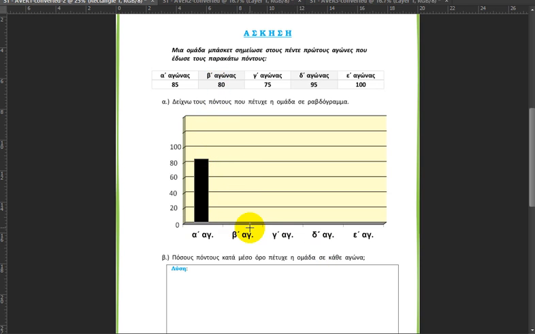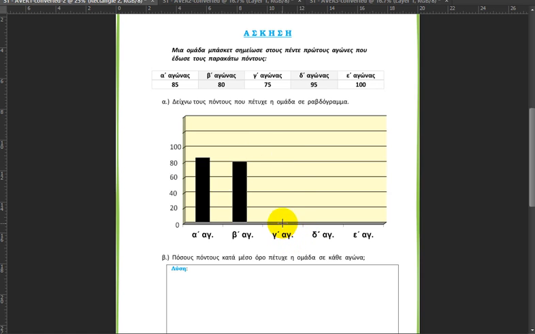Then in game 2, they scored 80 points, so that's going to be exactly on line 80. And third game, that's 75. Actually, yeah, let's make this a little bit higher. It should be about a quarter of the way to 100. So let's say there. And this one should be up to 80.